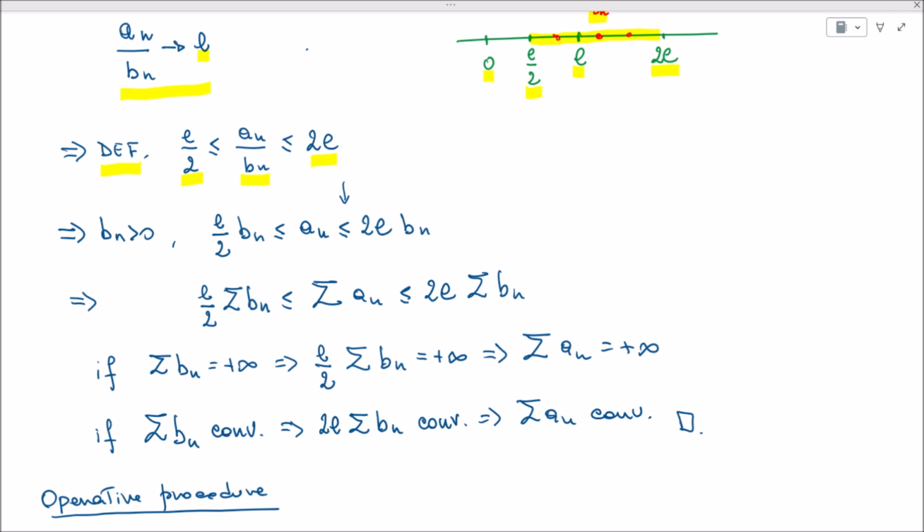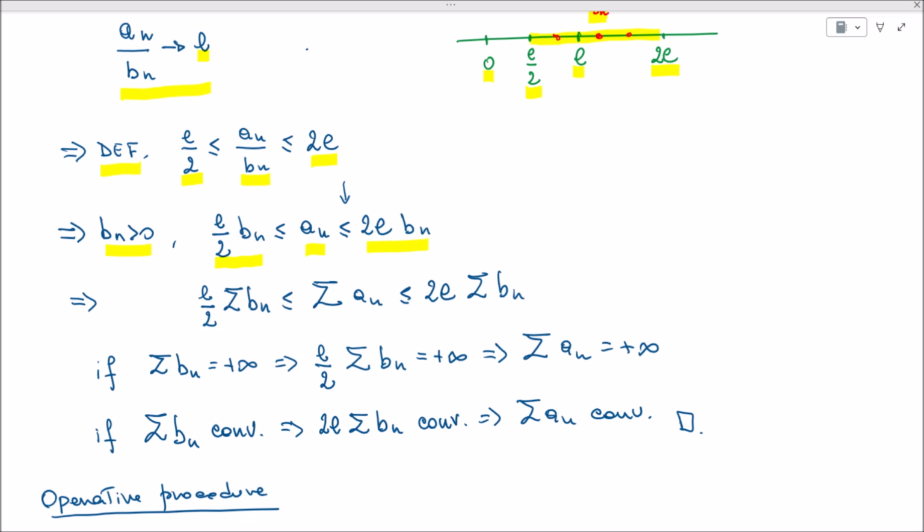Now we can multiply this inequality by Bn. In fact, we know that Bn is strictly larger than 0, so it doesn't change the inequality. So that we have L divided by 2 times Bn less than or equal to An less than or equal to 2L times Bn.